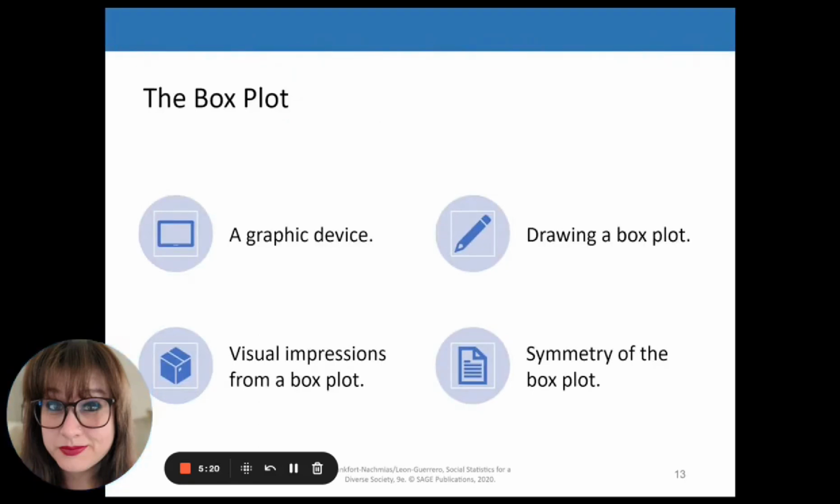Okay, so now we're shifting gears into the box plot. It's not really shifting too many gears, but it is in that it's visual. So we've talked about the visual representation and graphic representation of data. And in this case, the box plot is basically something where you can see the range, you can see the IQR, you can see the median.